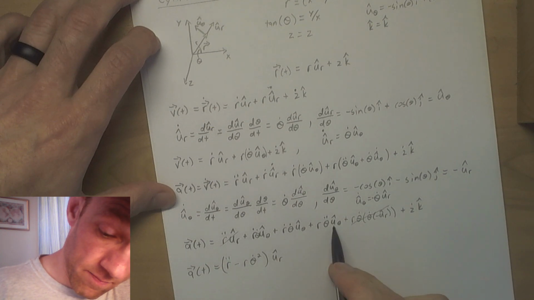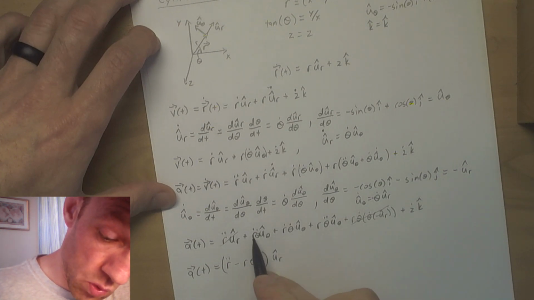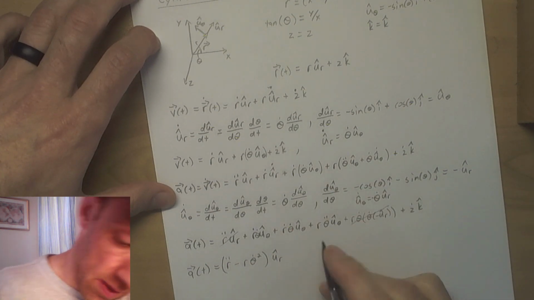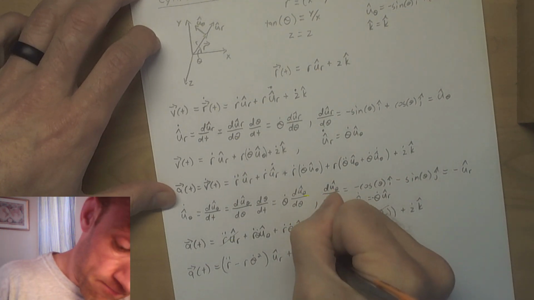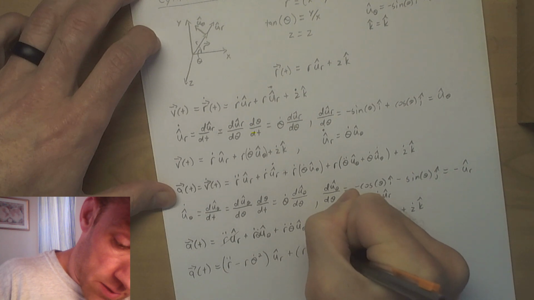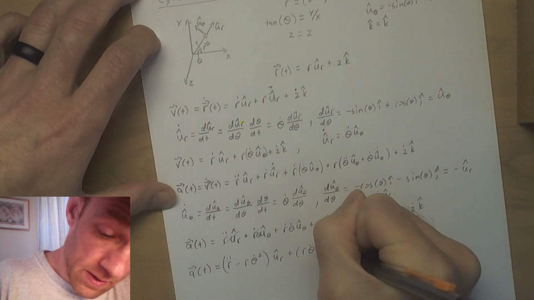Now it's the u sub theta terms. I got two r dot theta dots and an r times theta double dot here.